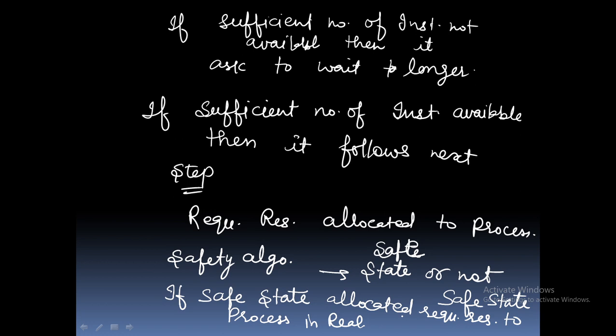Or if it is an unsafe state, then it rolls back to the previous state and asks the process to wait longer. A system is said to be in a safe state when all the processes can be executed in some sequence with the available number of resources.